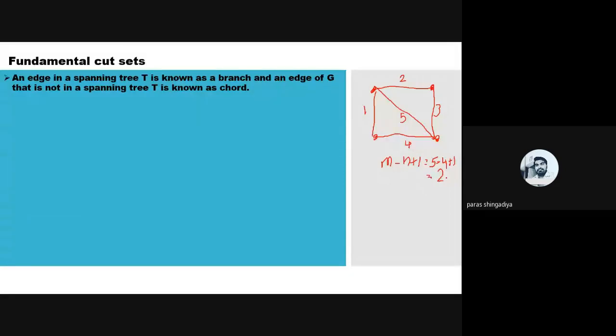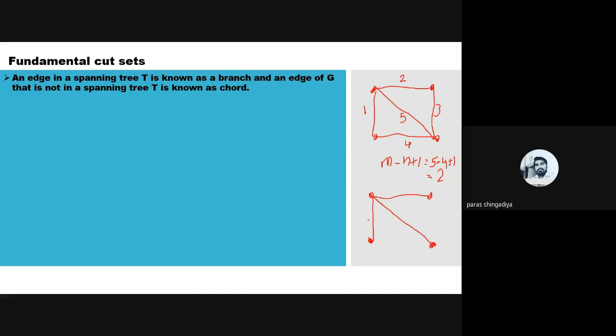The definition of spanning tree: it is a subgraph of the graph G which includes all the vertices that are included in the graph G, so it has the same number of vertices. Let us consider a spanning tree of this graph, which is this one.